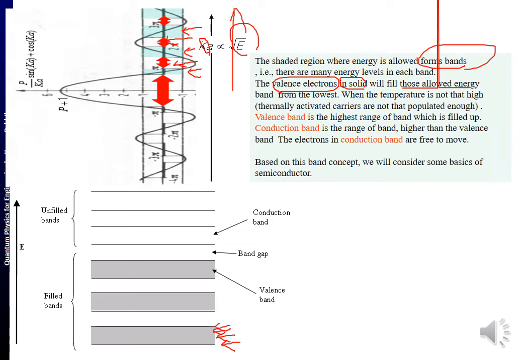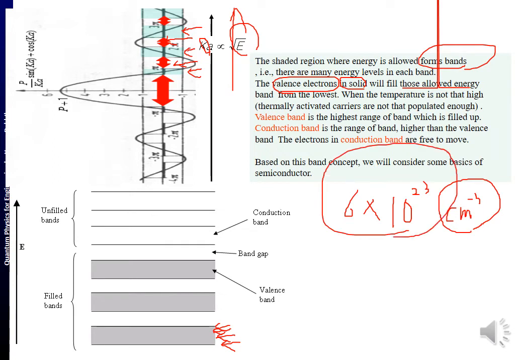When you consider crystals, you have something called the Avogadro number, okay, from chemistry classes. What does it mean? Within one cubic centimeter of volume, you have this many atoms, 6 by 10 to the 23. These are the number of atoms.